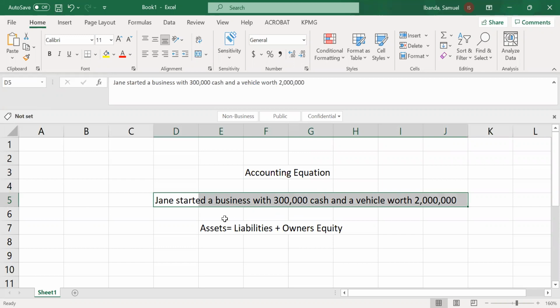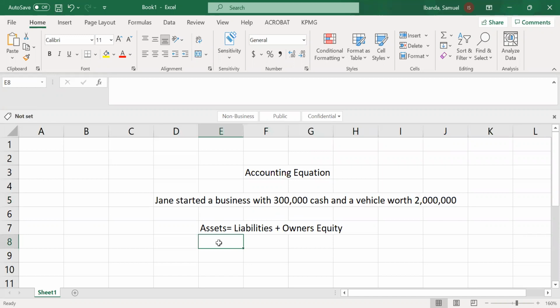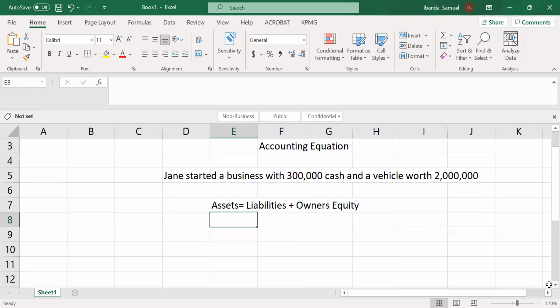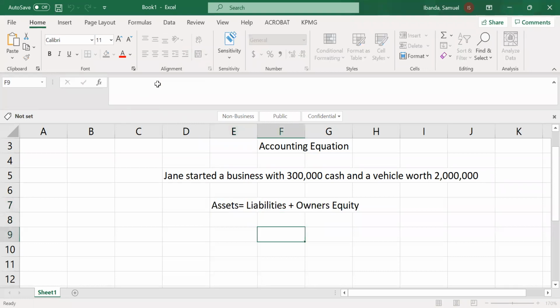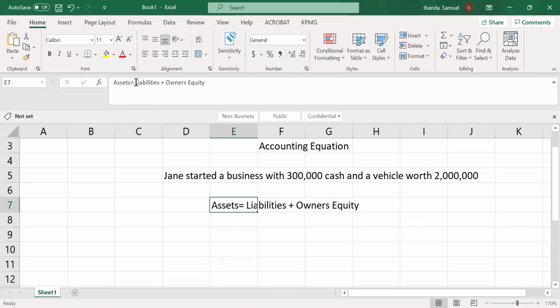So when we are feeding them into our accounting equation, we're going to represent our accounting equation. On the side of assets, I'll try to expand this better.